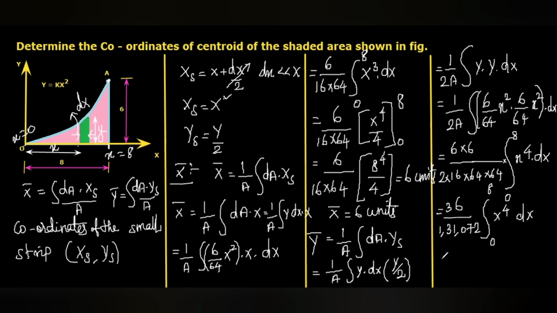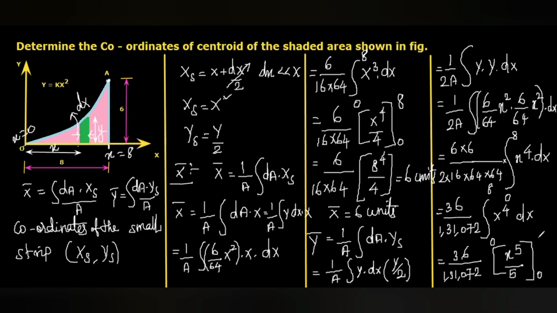So we can say this equal 36 divided by 131,072, this one, x power 5 divided by 5, and limits 0 to 8. So now apply the upper limit, 8 power 5 by 5 minus lower limit will be 0. Further simplification, we can get the value of y bar.